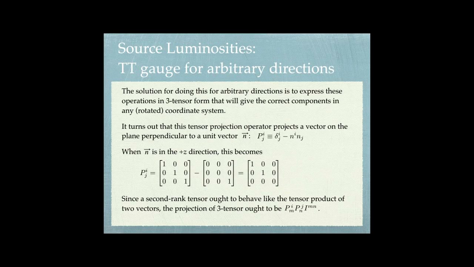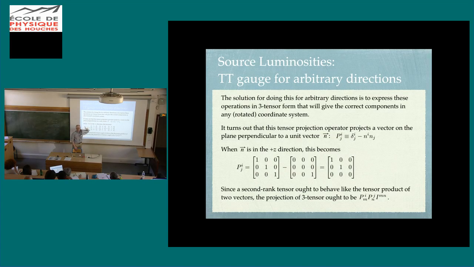Okay, so the solution for doing this in arbitrary directions is to express these operations in terms of tensors that give the correct components in any rotated coordinate system. It turns out that the tensor projection operator that projects a vector onto a plane perpendicular to a unit n vector is that.